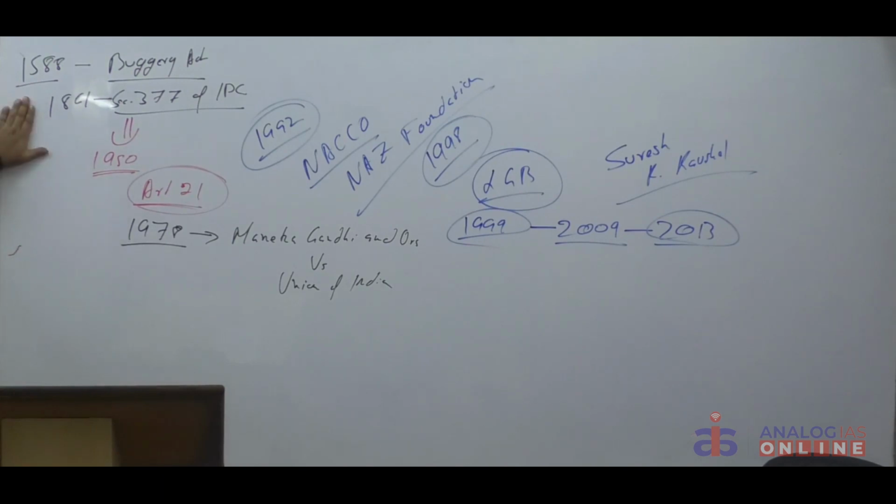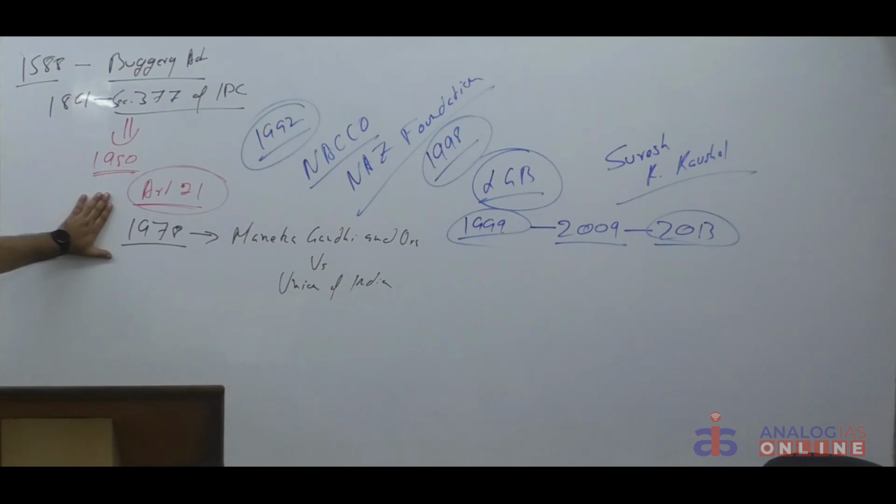Genuinely, homosexuality being considered a sexual offense violates Article 21 of the Indian Constitution. But to make laws is the job of the legislature, the Parliament or the state legislative assemblies. To make laws is not the job of the court.